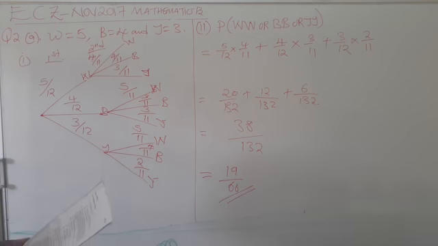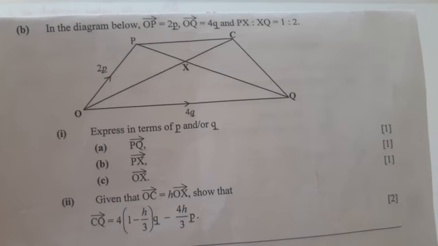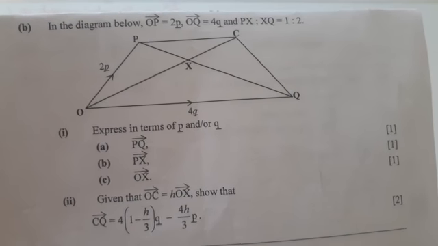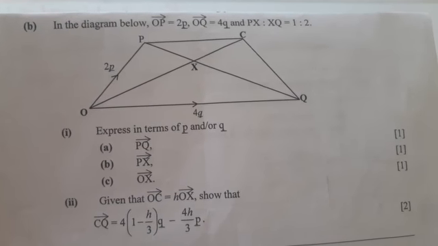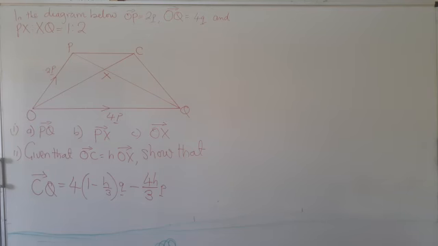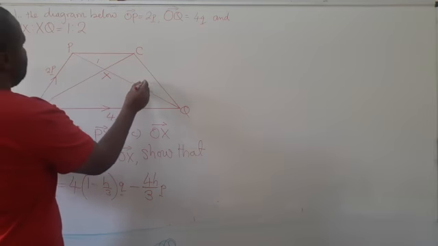We go to B. Okay, you can copy it. Question 2B. So let's see how we can solve the problem together. We are saying in the diagram below, vector OP is 2p, OQ is 4p, and PX to XQ is like 1 to 2.